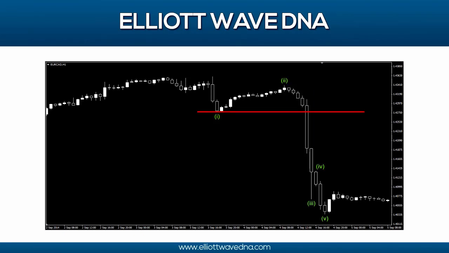And after that, wave 4 needs to hold below the territory of wave 2. Now, since all 3 rules are met and 5 waves are found, we can say this is a perfect example of a bearish impulsive pattern.